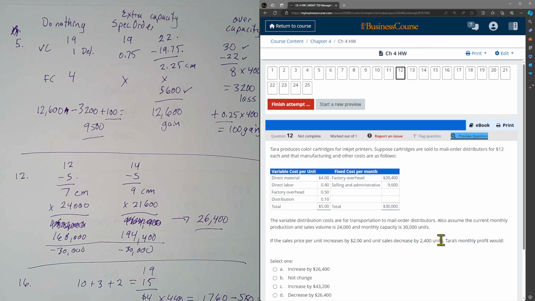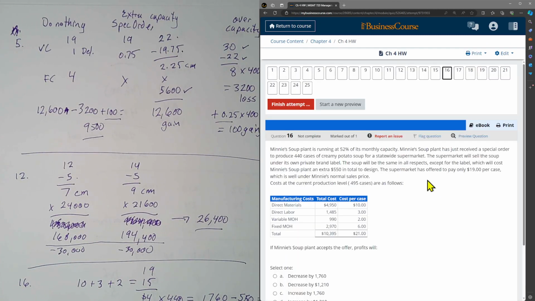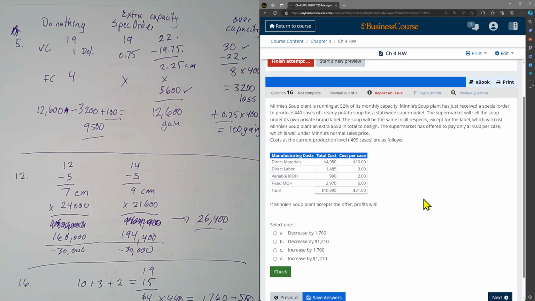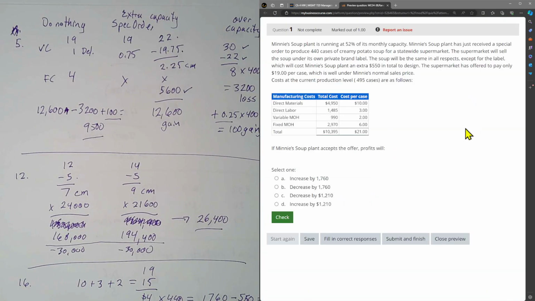Let's take a look at number 16. Preview the question. This is a special order. The company is running at 52% capacity and has received a special order to produce 440 cases of soup. It will sell under a private brand label.